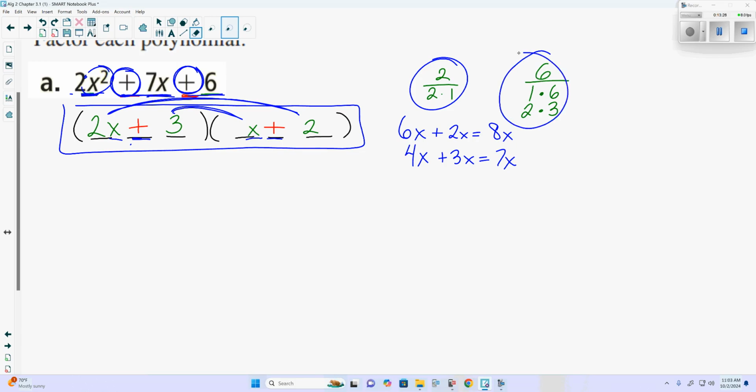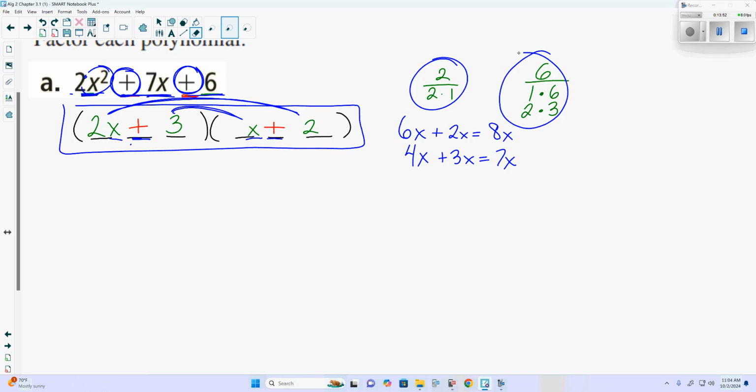Factors of 6 are what? What two numbers multiply together to give me 6? And 1 and 6 is right. What else? Yes, we picked one of those two and plugged it in.